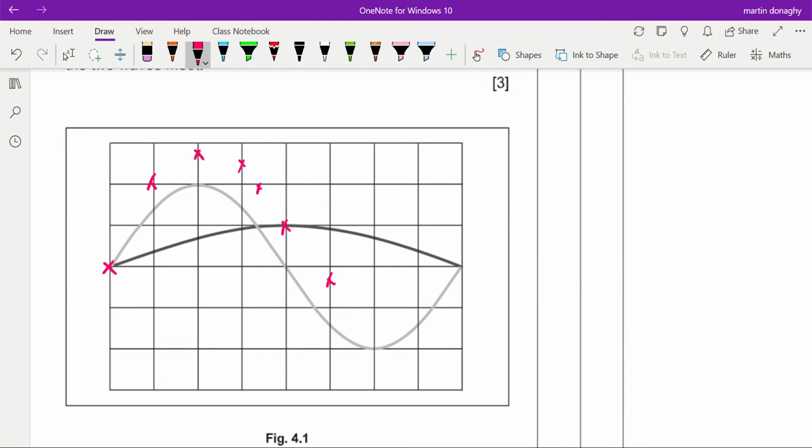You do that at each position, and we end up with a wave like that.